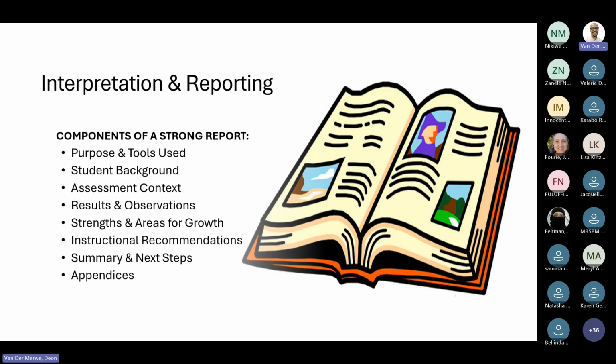This will obviously inform your intervention plan, by recommending specific interventions or programs that could support the reader's development.